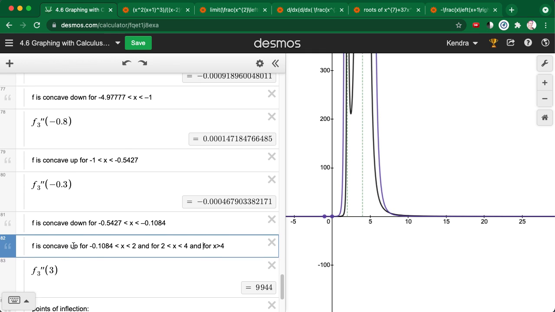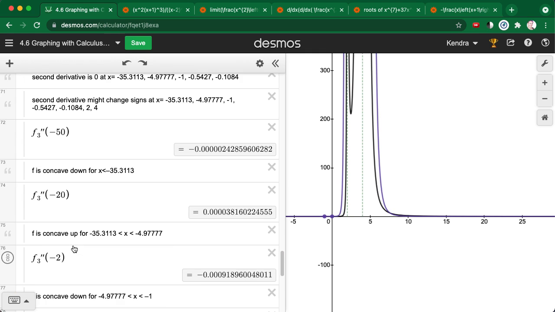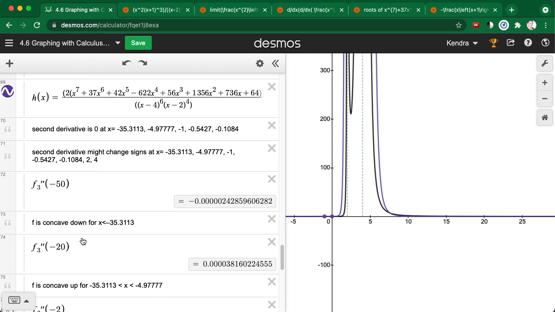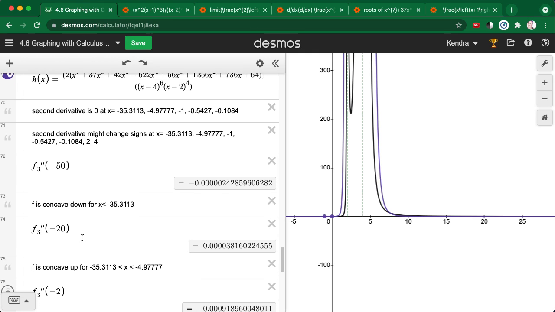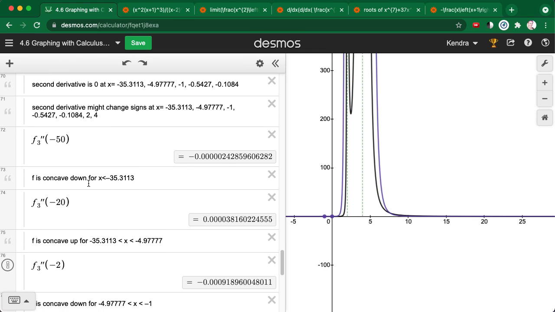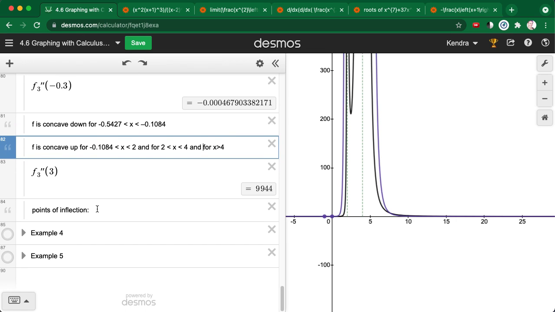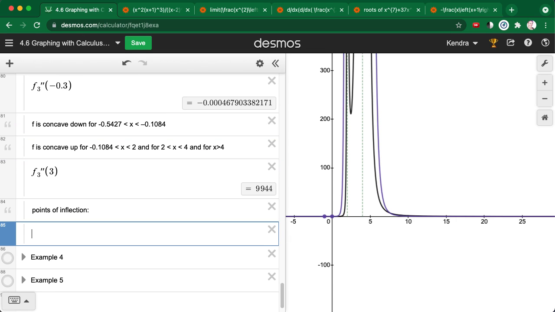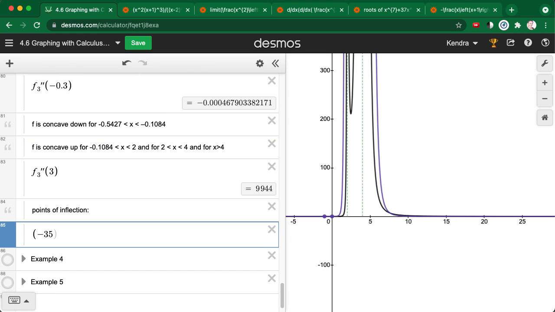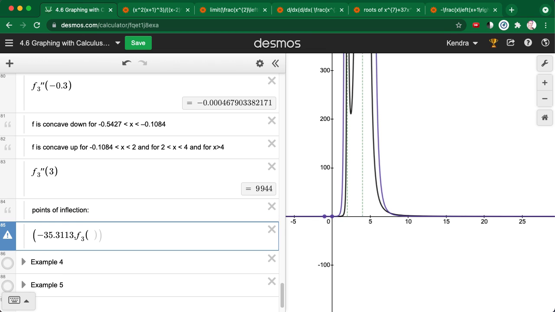And finally, our points of inflection. Basically, we went from concave down to concave up at x equals -35.3113. So -35.3113 and f3 of that number.